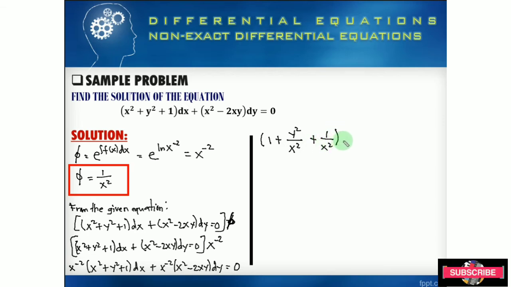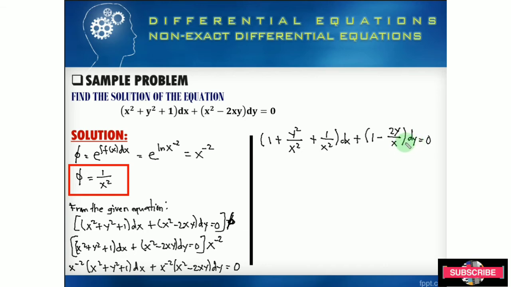Okay, and this is dx, plus the other term is, this would be 1, you distribute, and then this would be negative 2y over x, dy is equal now to 0.